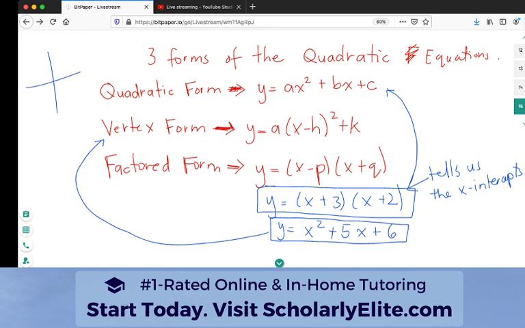So in this particular case, this is an upwards opening parabola. It would look something along the lines of, and don't fully quote me here because this isn't going to be perfect, the x-intercepts at -2, -3, and the vertex is going to be at -5 divided by 2, so -5/2.